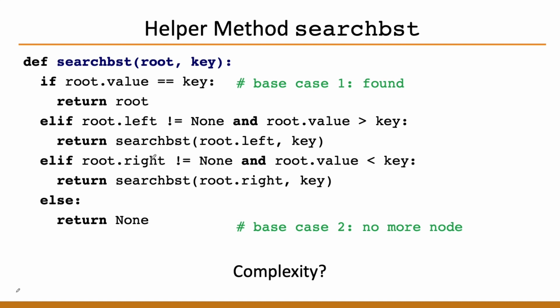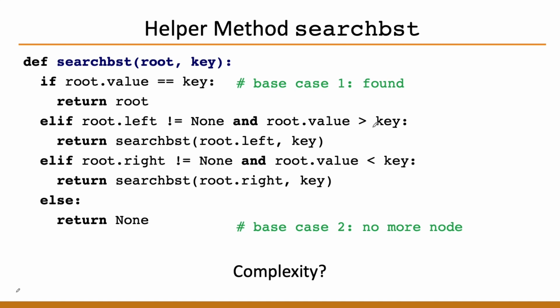So if we want to search, this will be the recursive way of realizing the idea. We have two base cases. The first base case is the case where the root value is the same as the key. Immediately we return with the root. Otherwise, if the left child is not empty, and the root value is actually greater than the key, right?